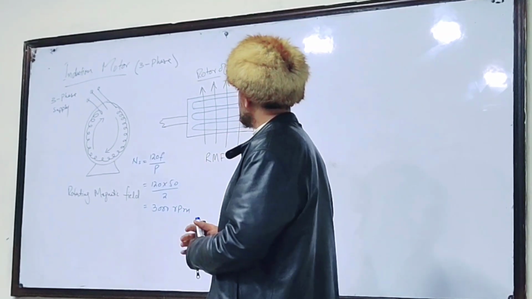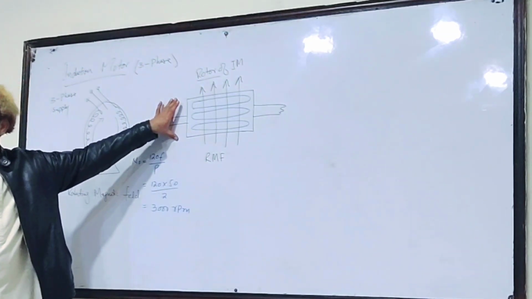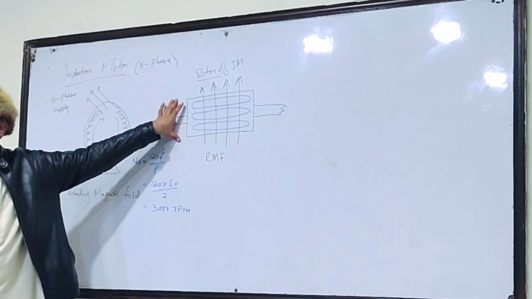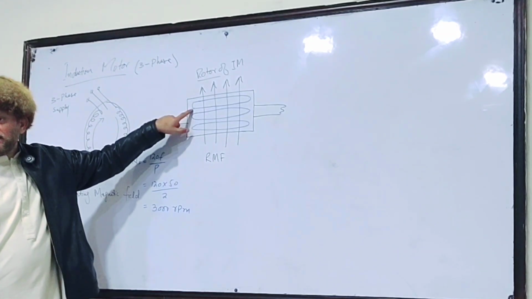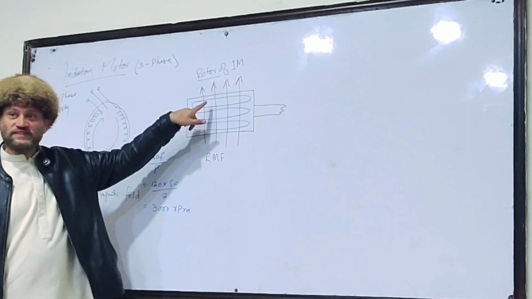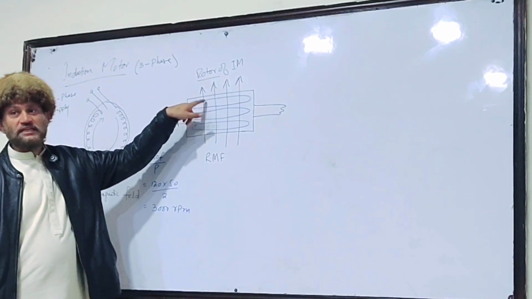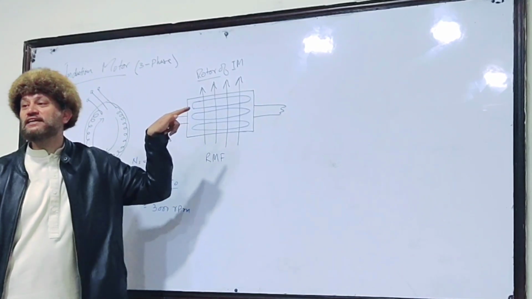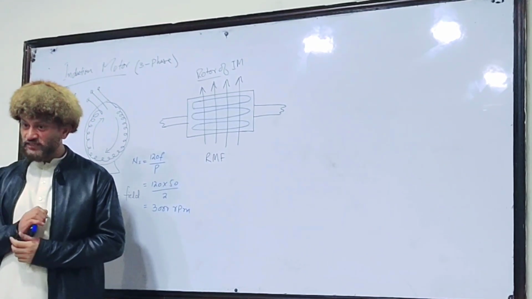So the condition is fulfilled here for Faraday's law of induction. There is a conductor, and there is a magnetic field which cuts these conductors. The EMF will be induced in that conductor. Is it true? Do you agree with this?